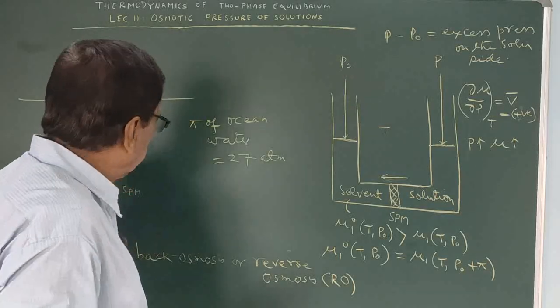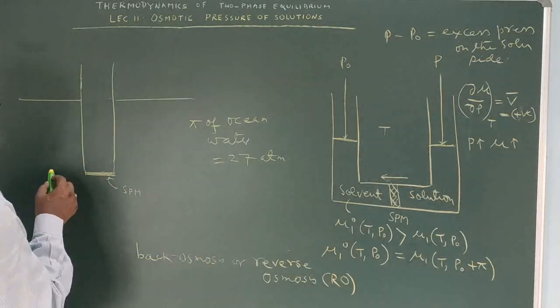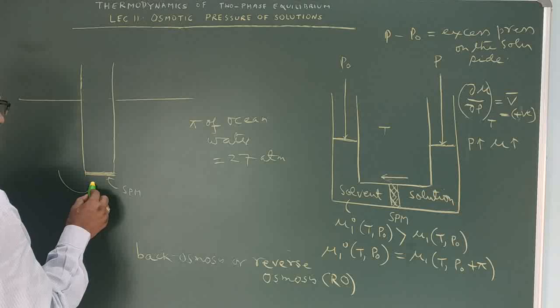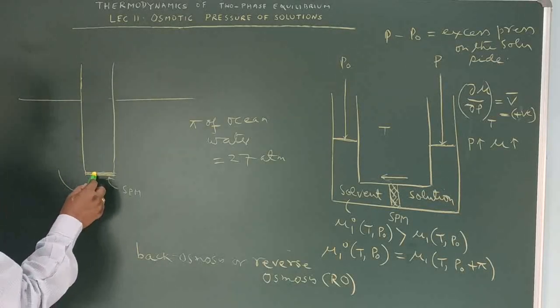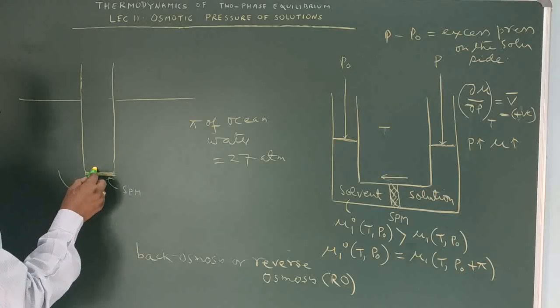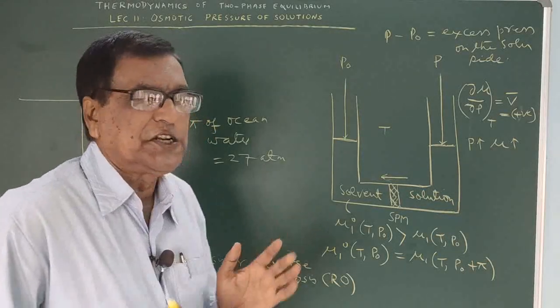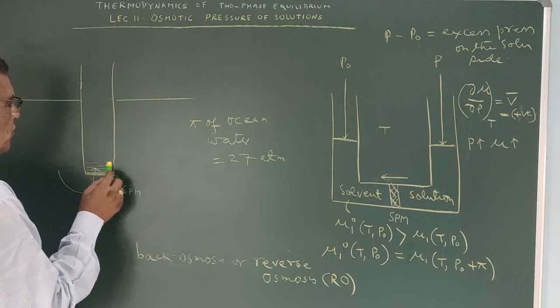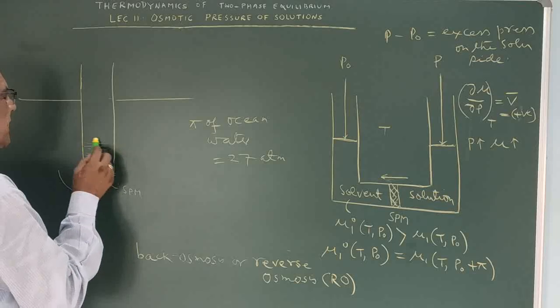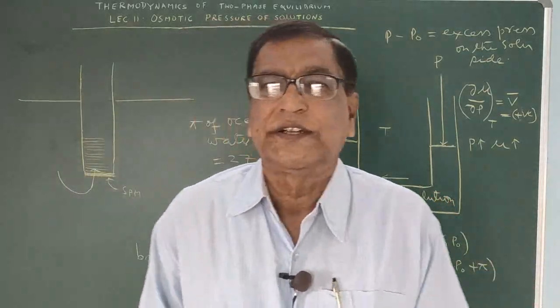And whenever the pressure is created over this, the pure solvent from the seawater will enter through the semi-permeable membrane to the inside of this tube, and this pure water is collected within this tube.